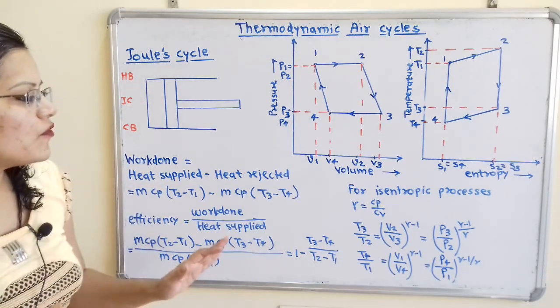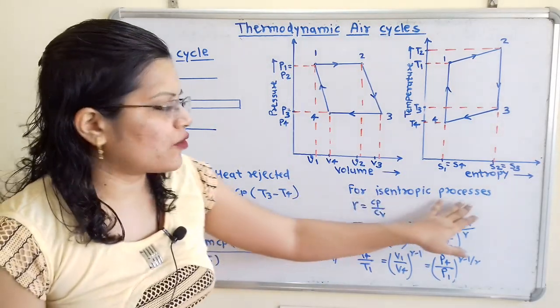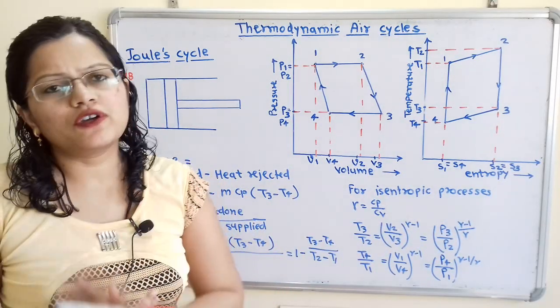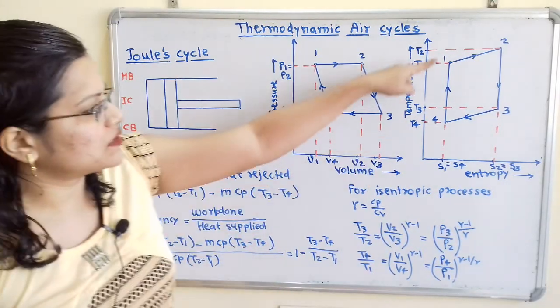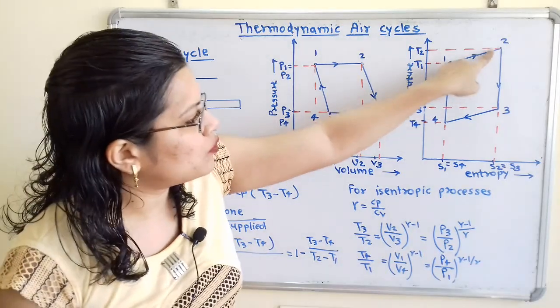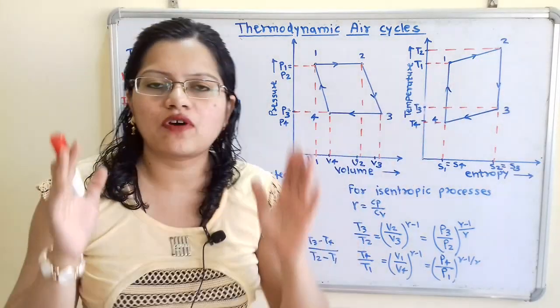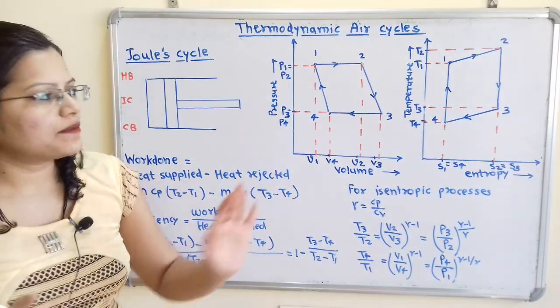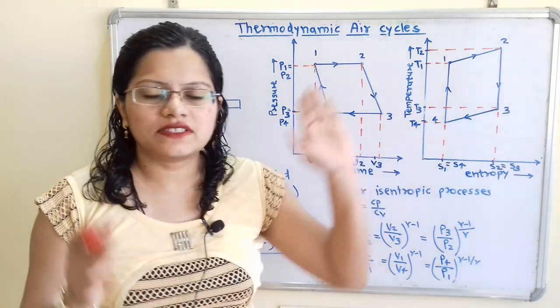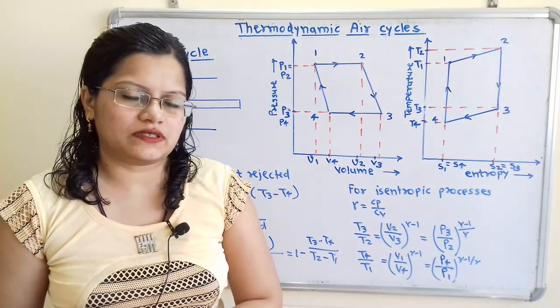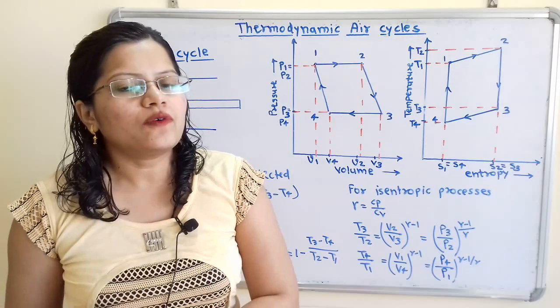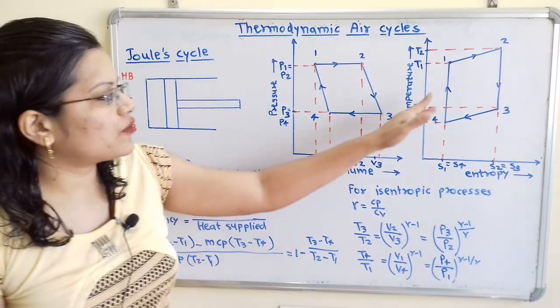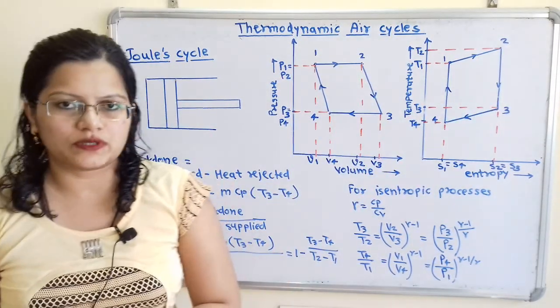Then we will move to the next formula. If we observe here, the processes 4 to 1 and 2 to 3 are taking place at constant entropy. That means these two are isentropic processes. How can we write the formulas for these isentropic processes?